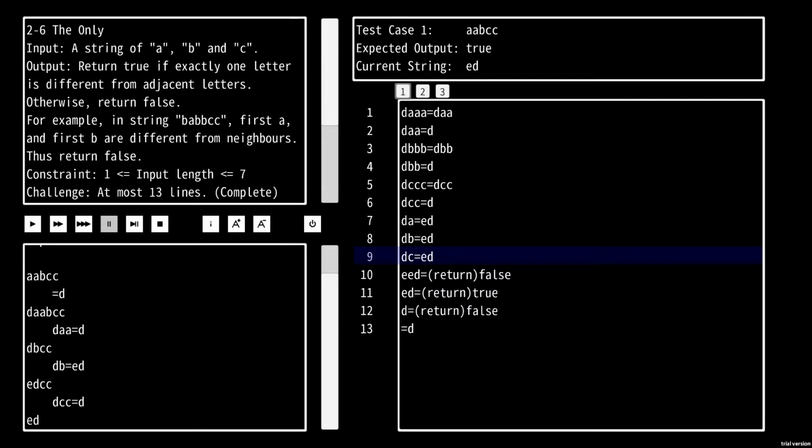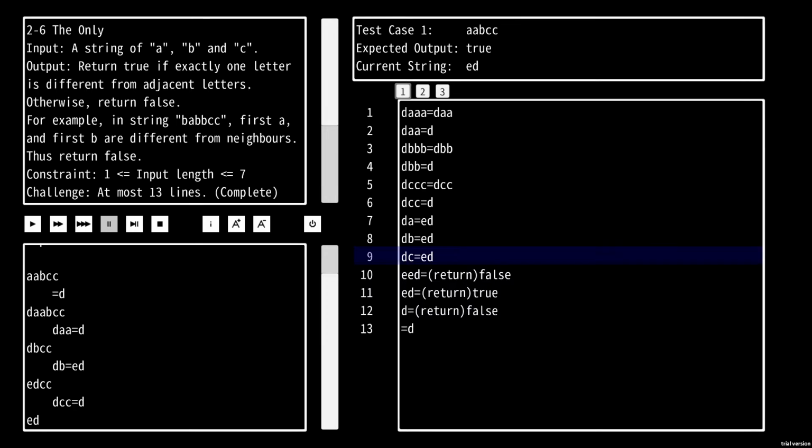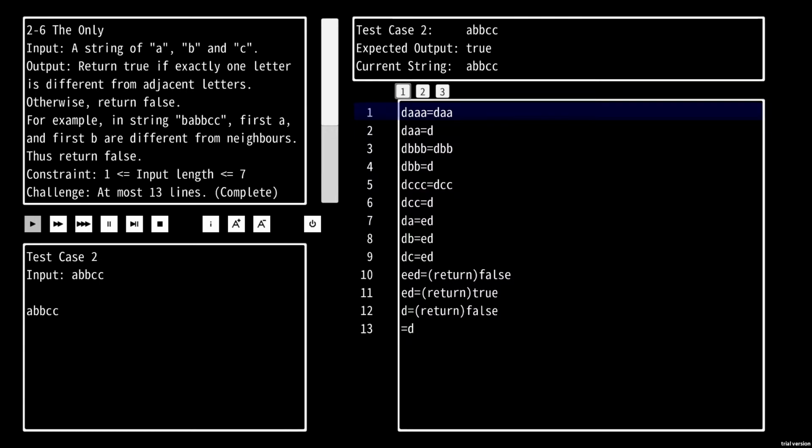So the only thing we care about are single letter blocks. We can only have exactly one single letter block. That's what this is saying. That's the key insight to this whole puzzle. So I'm deleting any block of more than one letter, going left to right.